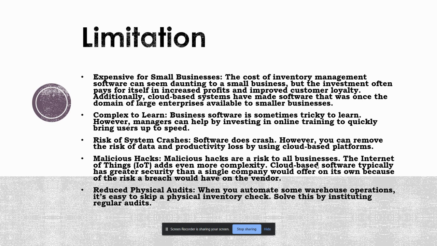Cloud-based software typically has greater security than a single company could offer on its own because the risk is spread across the vendor. Reduced physical audits: when you automate some operations, it's easy to skip a physical inventory check. Solve this by instituting regular audits.